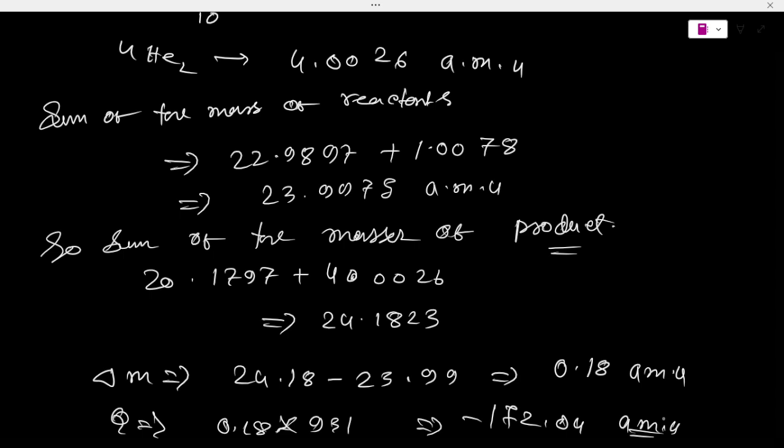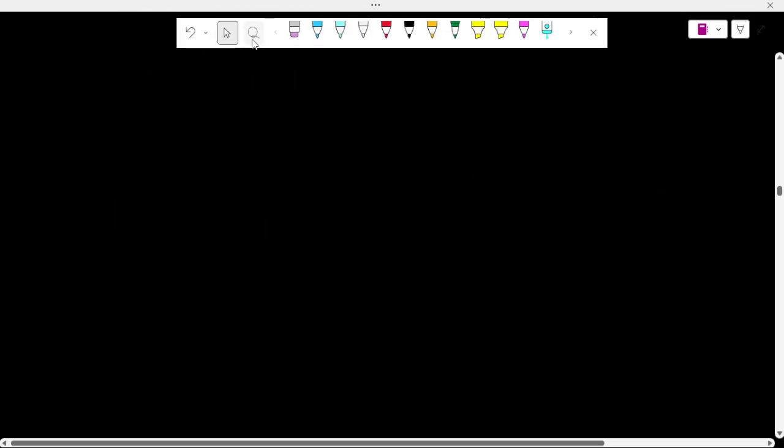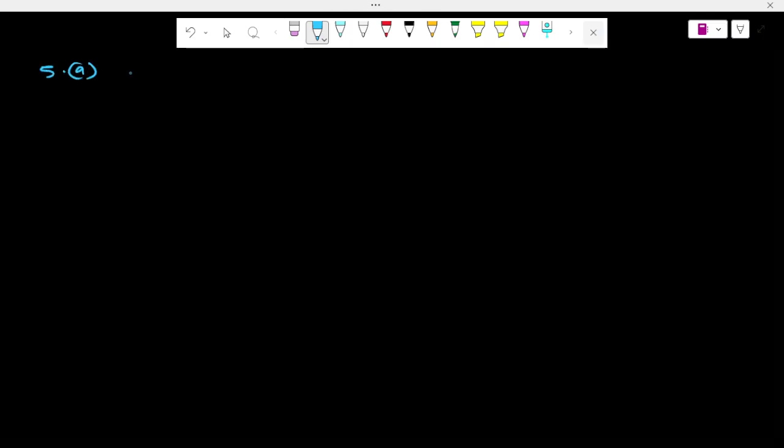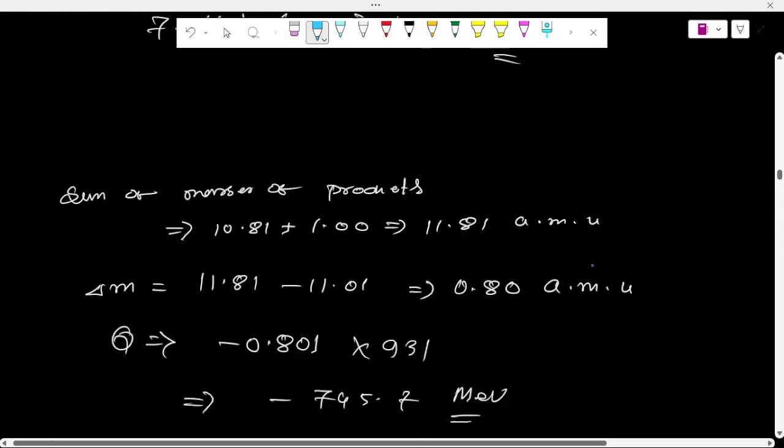And I made a few more mistakes in there, so I'm going to rectify it. Question number 5a said that in the nuclear fusion process, so I'm going to copy it from there.